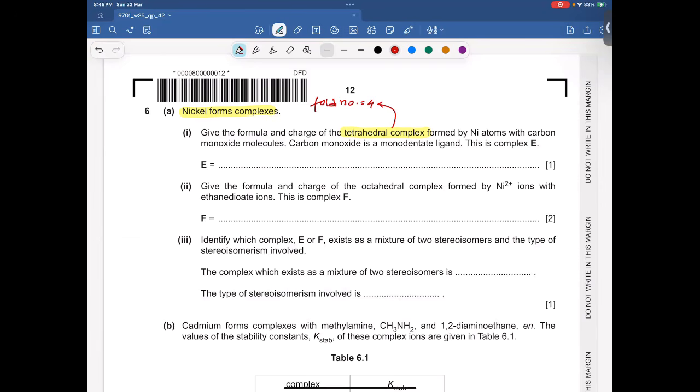And in this case, nickel is the transition metal ion. So 4 monodentate ligands need to attach to the nickel atom. And the ligand is basically carbon monoxide, which is a neutral ligand, by the way. Carbon monoxide is a monodentate ligand and it is a neutral ligand. I mean to say carbon monoxide has no charge.